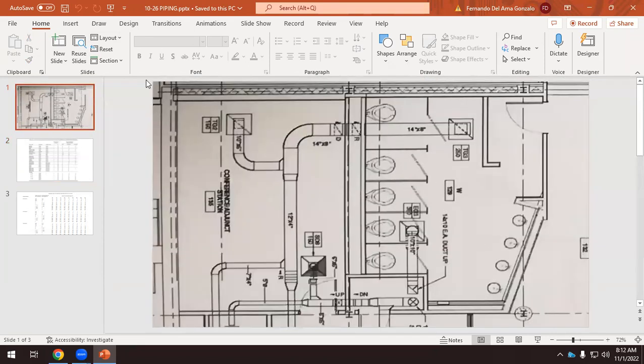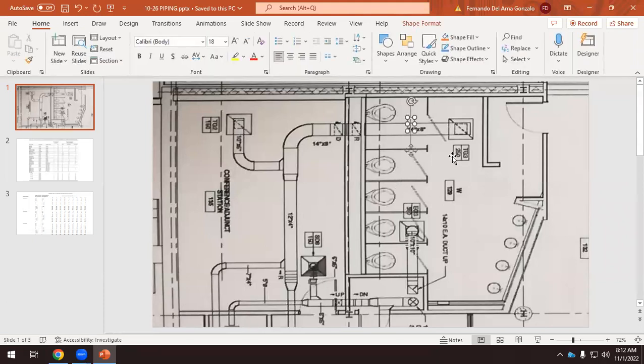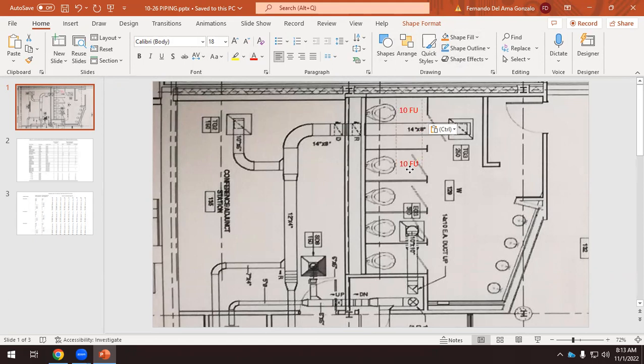Okay, so what do we have to type here? I'm going to insert text, so I can insert 10 fixture units per toilet. I'm changing the font. Okay, so we have 10 fixture units here.